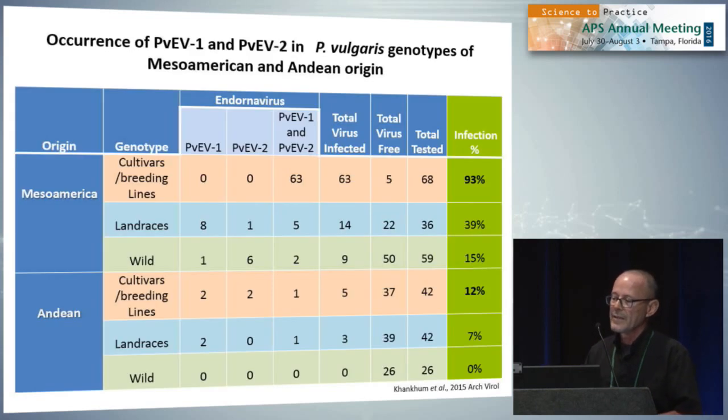This table summarizes that, and I just want to emphasize the 93% infection of endornaviruses in Mesoamerica versus the 12% in the genotypes of Andean origin. It's interesting also to notice that mixed infections of the two endornaviruses are essentially more common in Mesoamerica than in the other region.